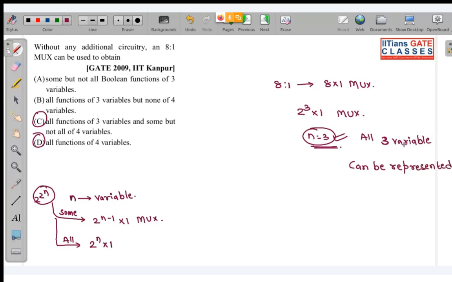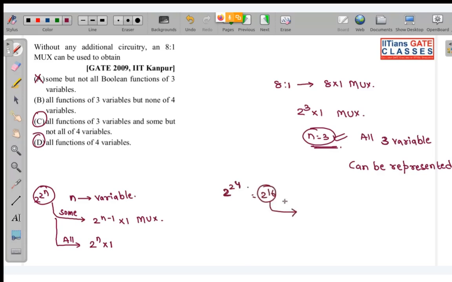Okay, so in which of the options can you see this? Option A, some but not all functions of 3 variables, so this is wrong. All functions of 3 variables but none of 4 variables. Now why would that happen? See, if it is 4 variables, then we have 2 to the power 2 to the power 4 functions, that is 2 to the power 16 total functions.